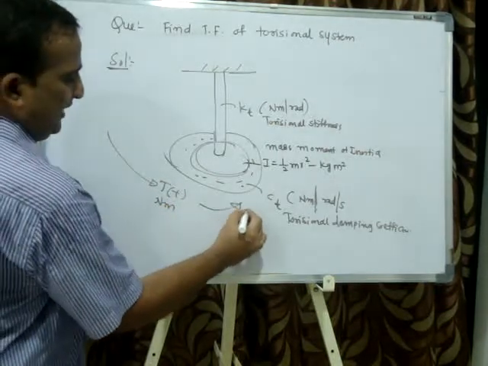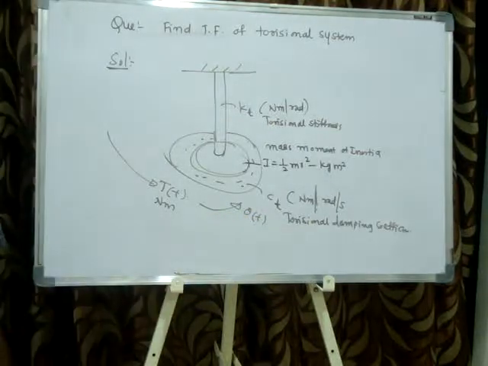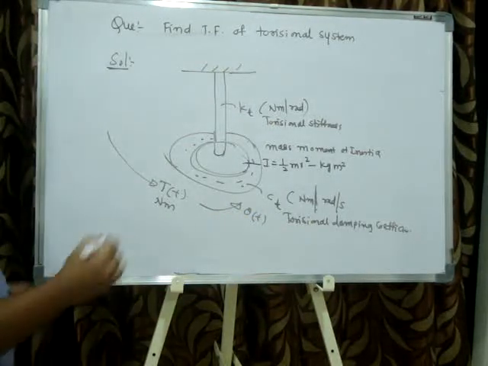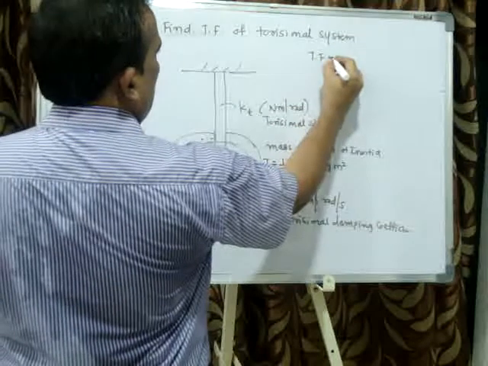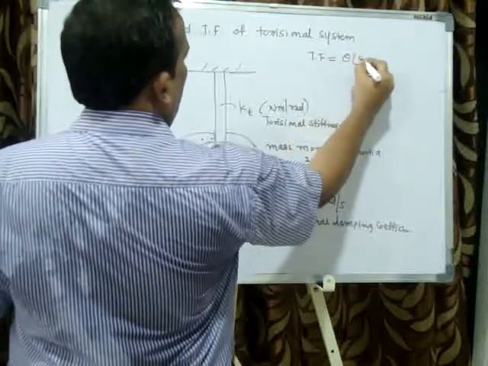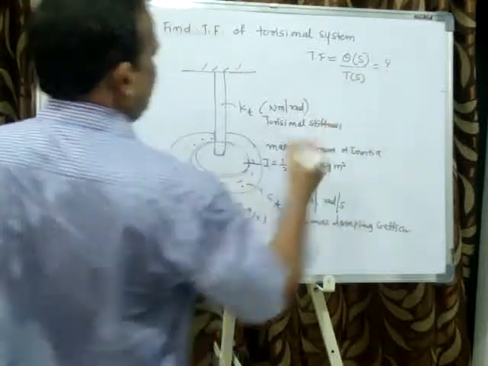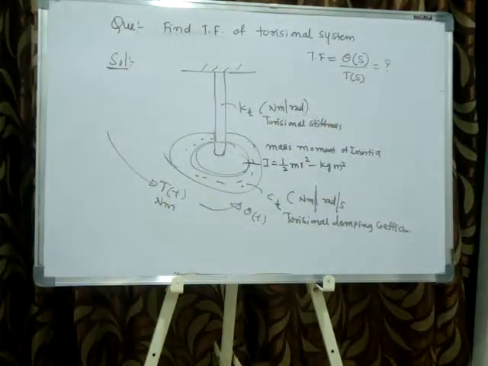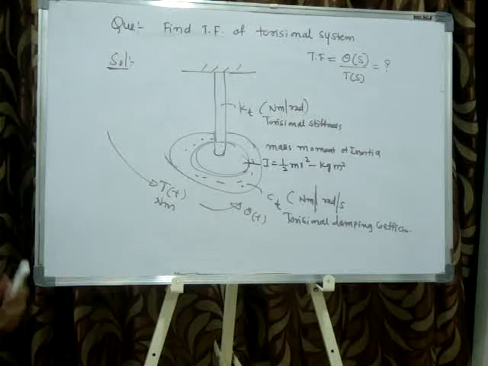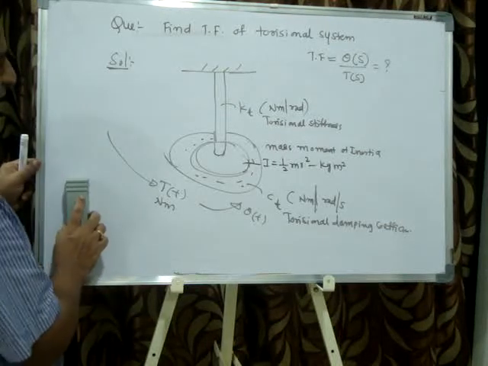Then the disk output is what? Angular displacement. So here I will find the transfer function, which is equal to Laplace of output divided by Laplace of input. I hope you understand the terminologies involved in the problem. Now I will draw the free body diagram.